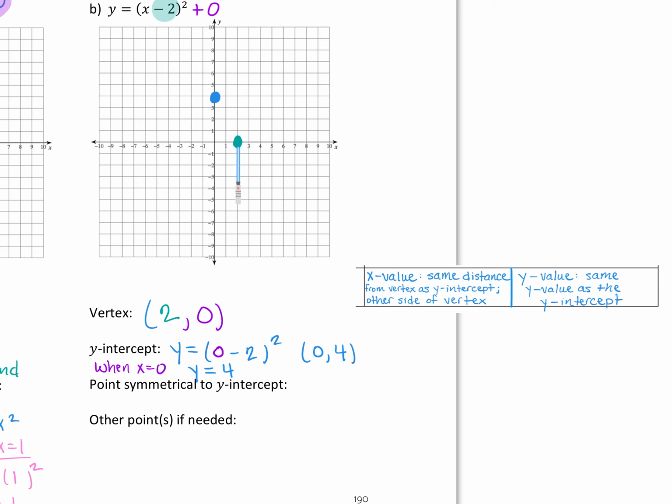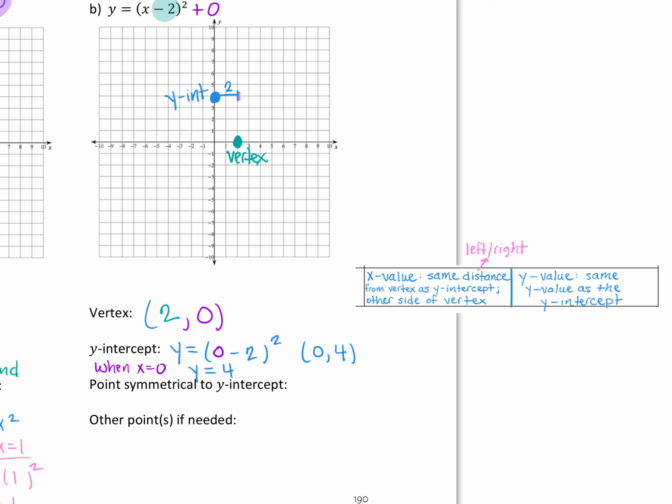So here is our vertex, and here is our y-intercept. It needs to be the same distance, that's left and right distance, since we're talking about x values. X values are left and right from the vertex. So the left and right distance, from here to here, that's a distance of 2, which means on the other side of our vertex, it also needs to be a distance of 2.